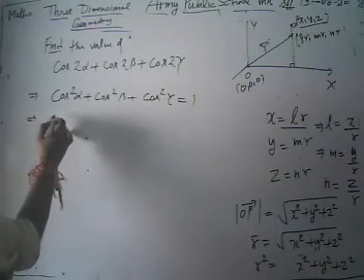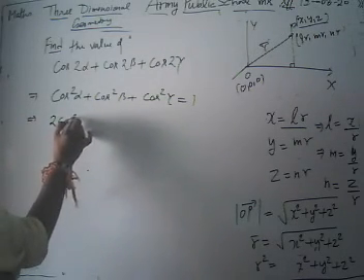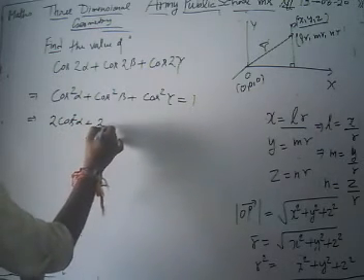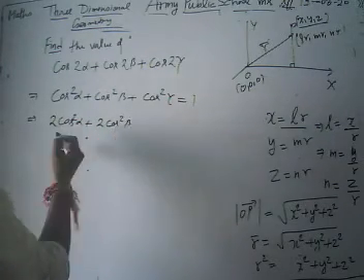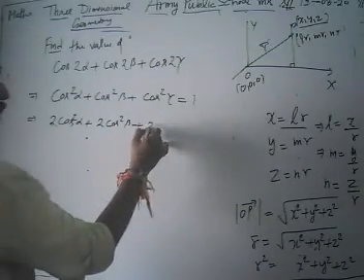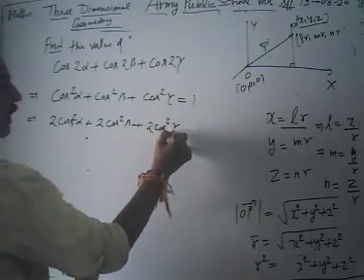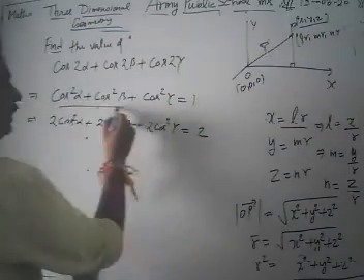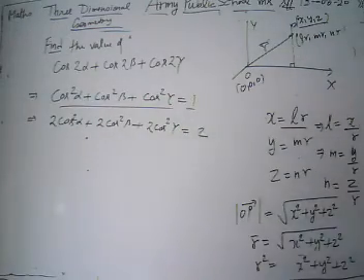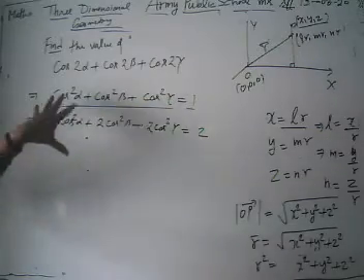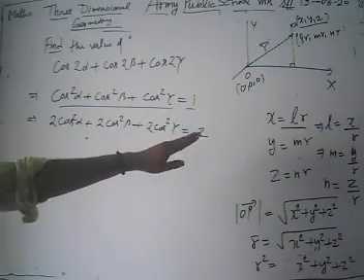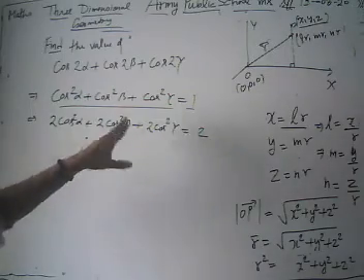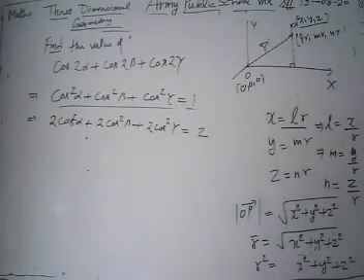Then from here we have 2 cos square alpha plus 2 cos square beta plus 2 cos square gamma equal to 2.